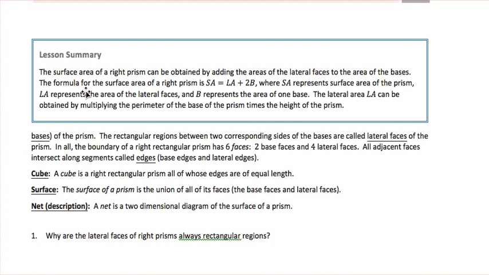Remember, surfaces are the outside spaces, and the net is a two-dimensional diagram of the surface of a prism. The net is if you can take a box, for example, and open it up and lay it flat.